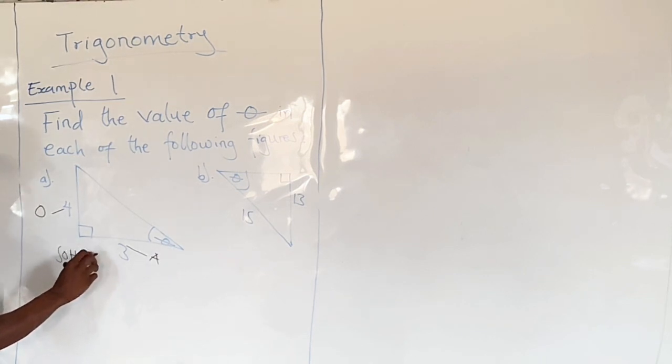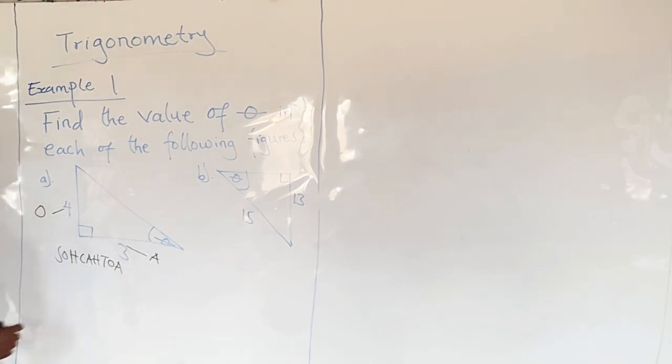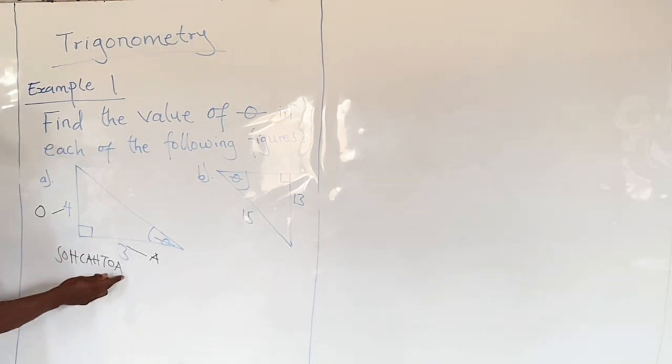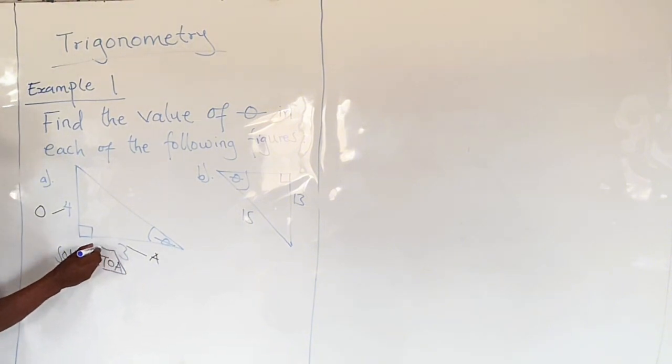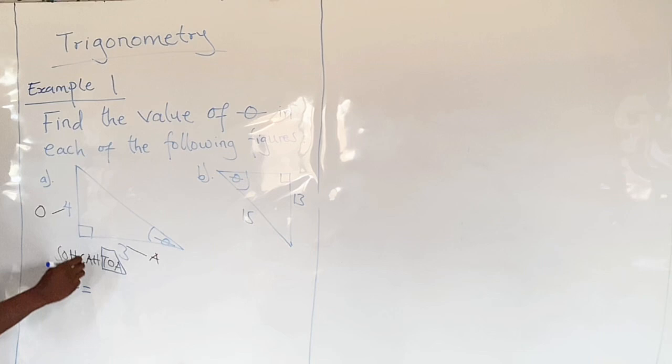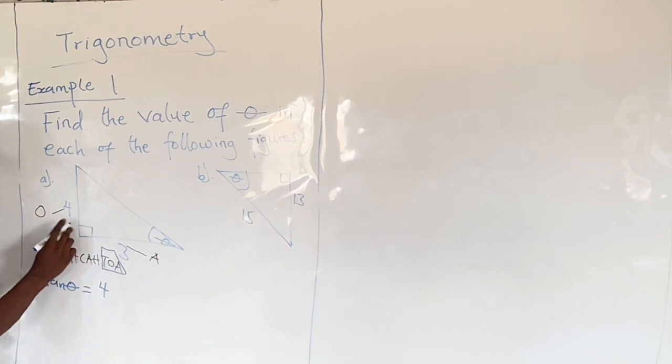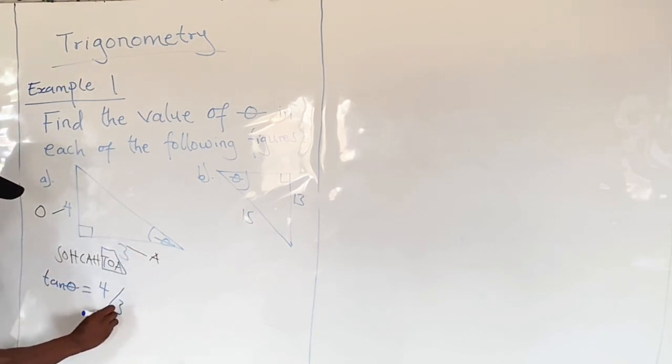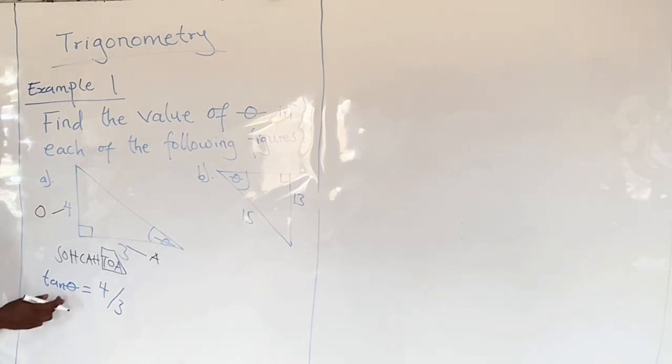Now, from our acronym SOHCAHTOA, the trigonometric ratio that relates the adjacent side to the opposite side is tan. Tan relates opposite to the adjacent. So tan will be the appropriate ratio to use here. We now have tan of the angle theta is equal to the opposite, which is 4, over the adjacent, which is now 3.